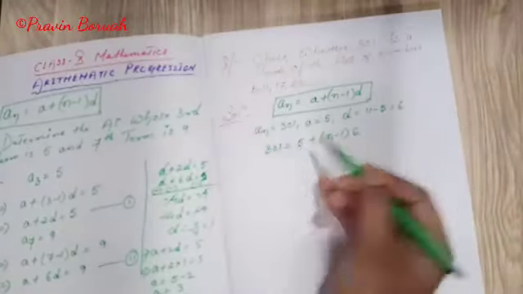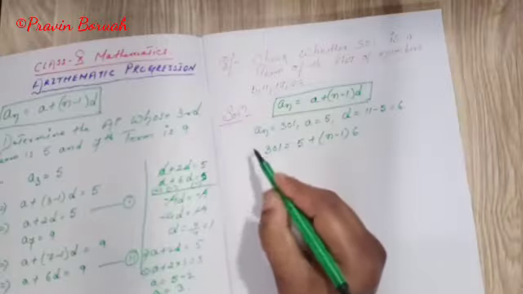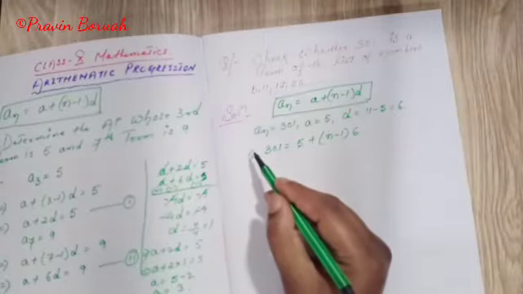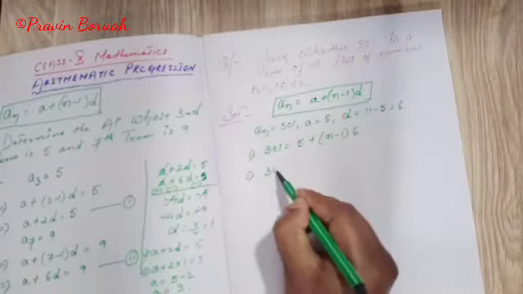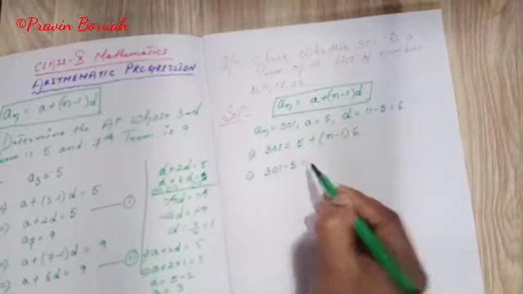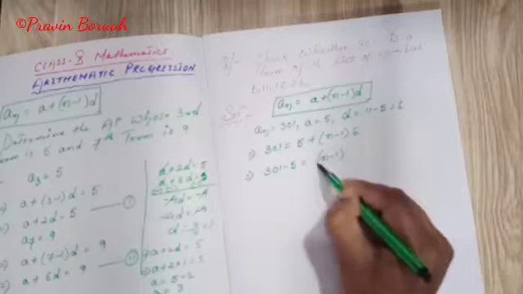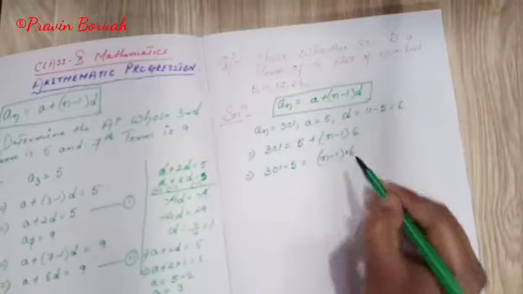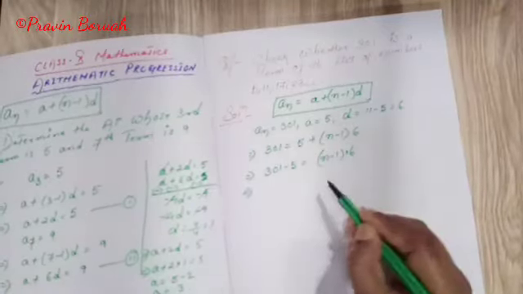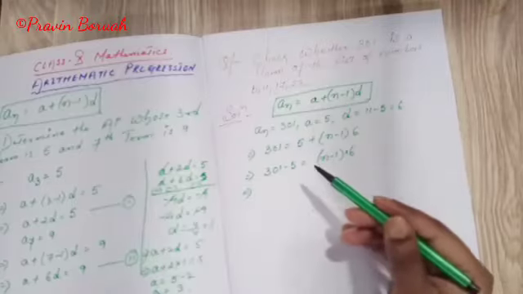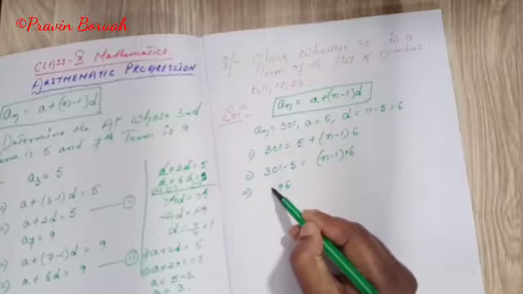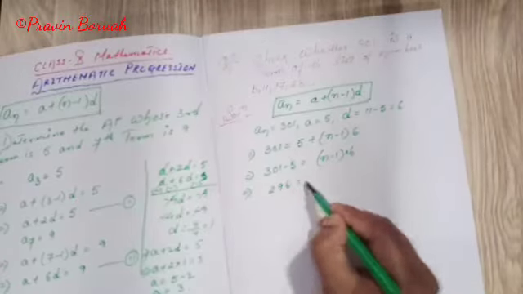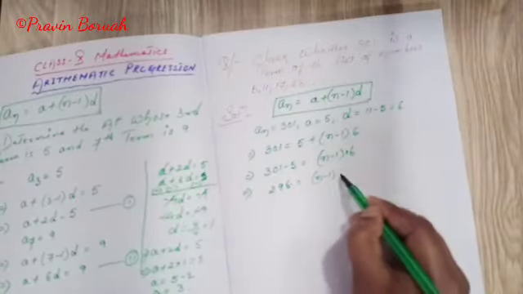So transpose this 5 to this side, it becomes 301 minus 5 is equal to n minus 1 into 6. So it implies 301 minus 5 is 296. 296 is equal to n minus 1 into 6.